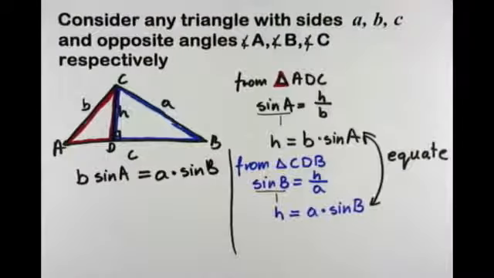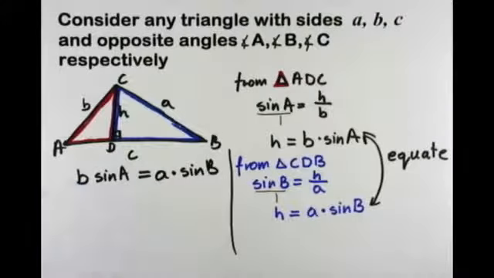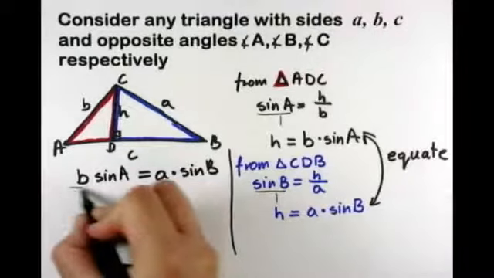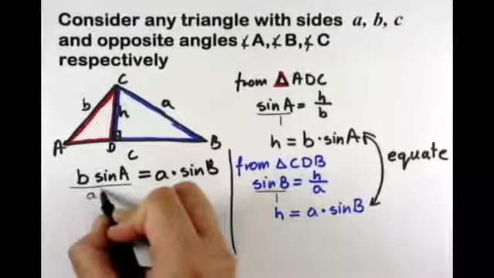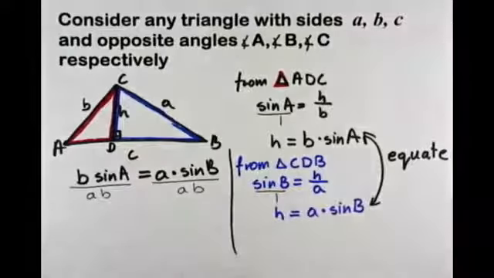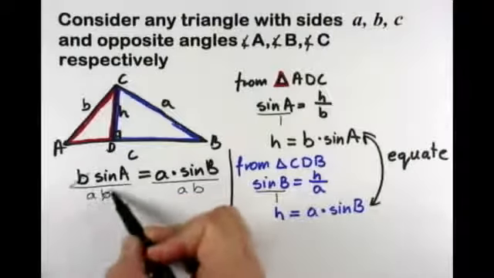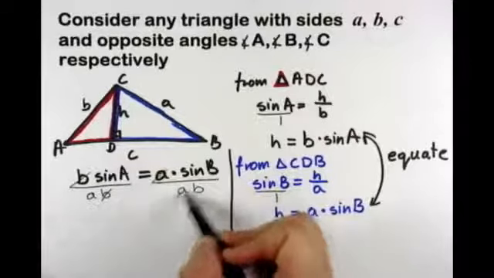And now I would like to divide by a and divide by b. So I'm going to divide both sides by ab. Then the b and b cancel out, and a and a cancel out.